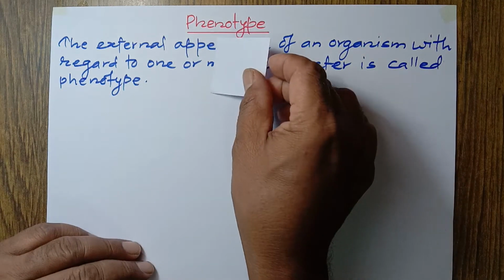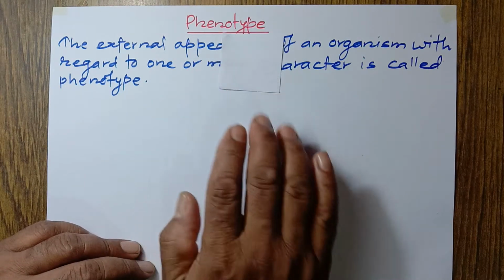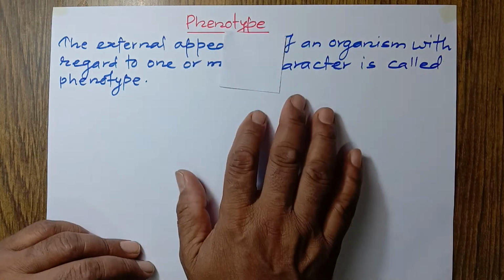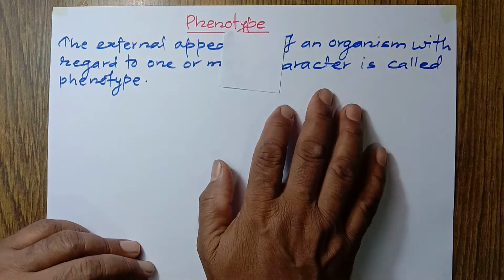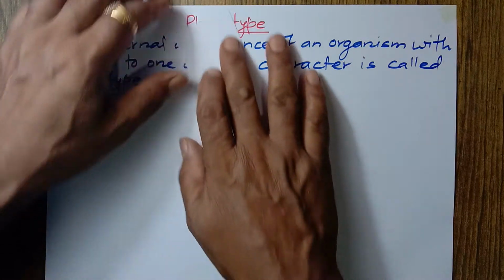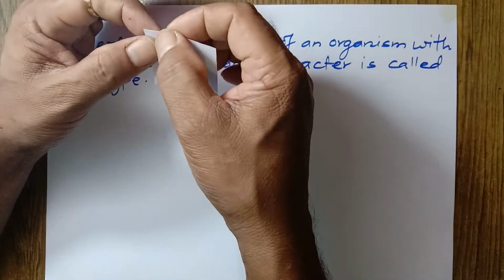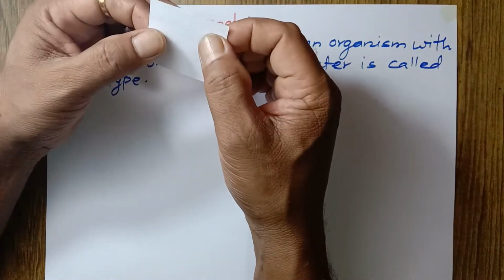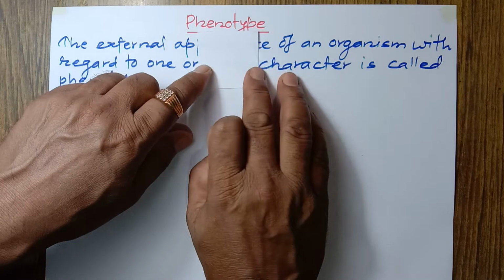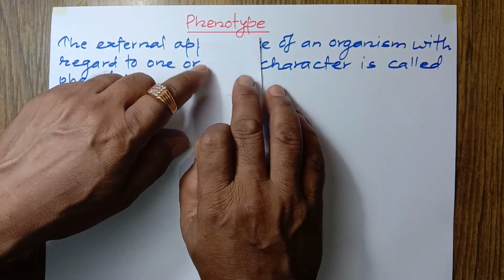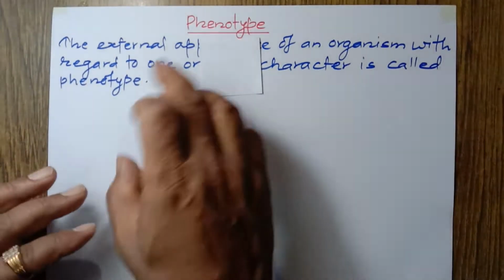If someone asks what shape it is or how it appears, you can say this is a piece of paper, it is rectangular in shape, a thin sheet, and white in color.